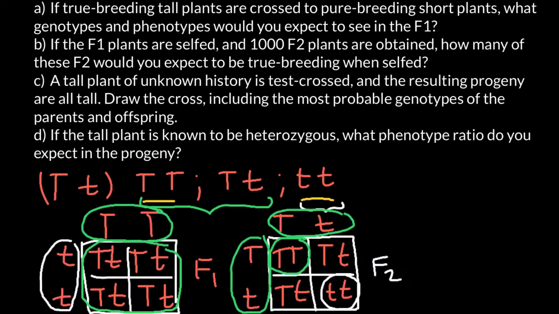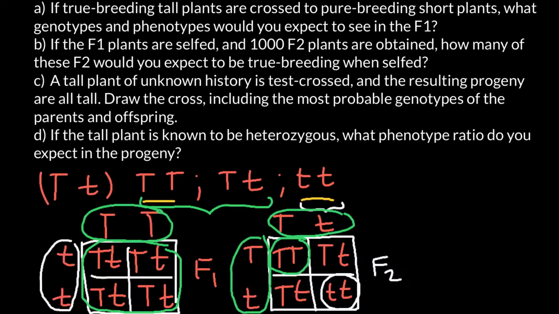If we take a tall plant, can we tell for sure its genotype? It can be homozygous dominant or heterozygous. So the phenotype is one, but the genotypes can be different.